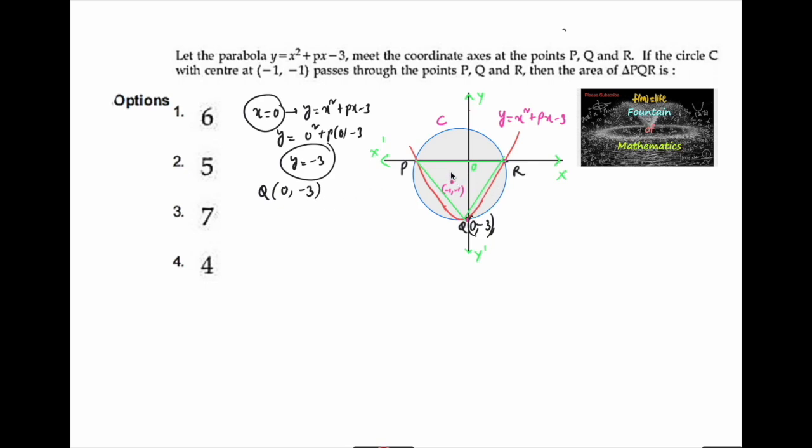And the center of the circle, let us consider this is C, is minus 1 comma minus 1. So that we can find the radius of the circle.